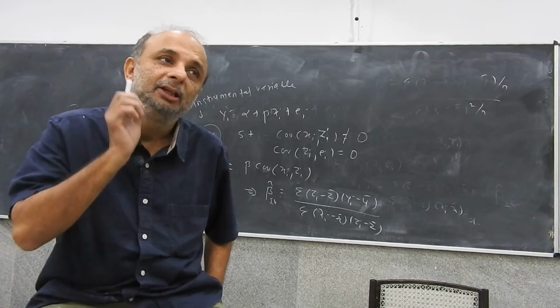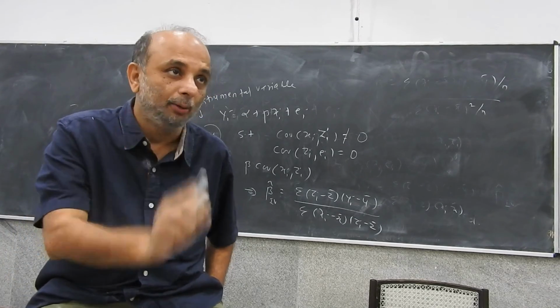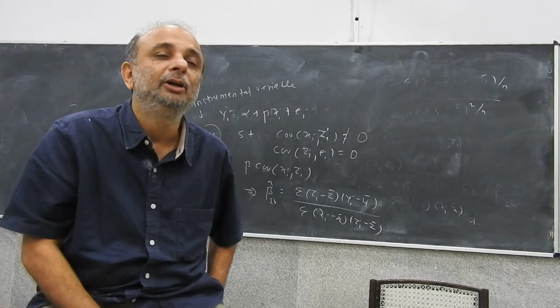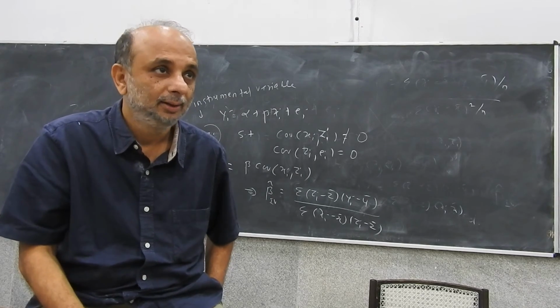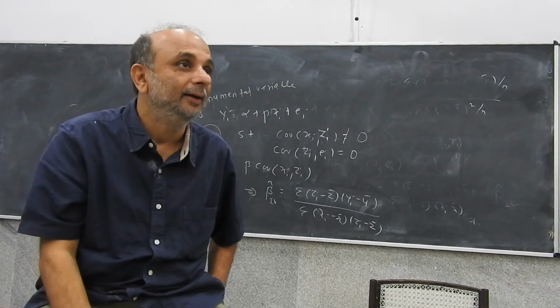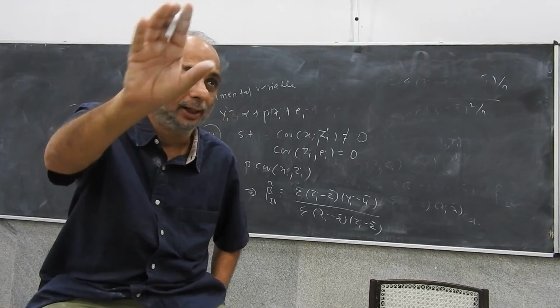Absolutely. See, we want to estimate beta. That's our job. And that estimator of beta has to be consistent. That's the least requirement that you can have. As the sample size becomes large, your estimate should get close to the actual.